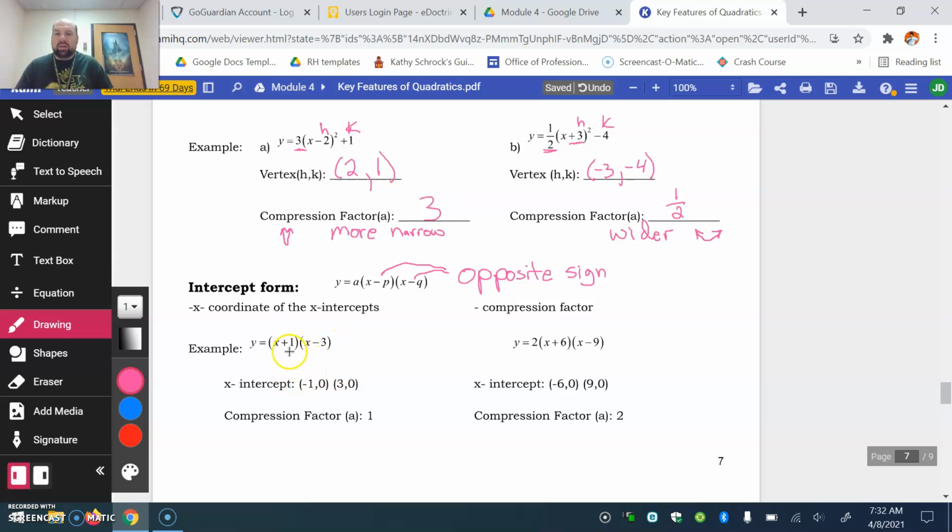So when I look at them as x intercepts, the +1 becomes a negative, and the -3 becomes a positive. I hope that's not too confusing. And then this, don't worry, is not going to be as important as the vertex form. All right, and then you see the same example over here. Now again, our compression factor, there is no number in front here, so that means A is 1. So there is no compression.